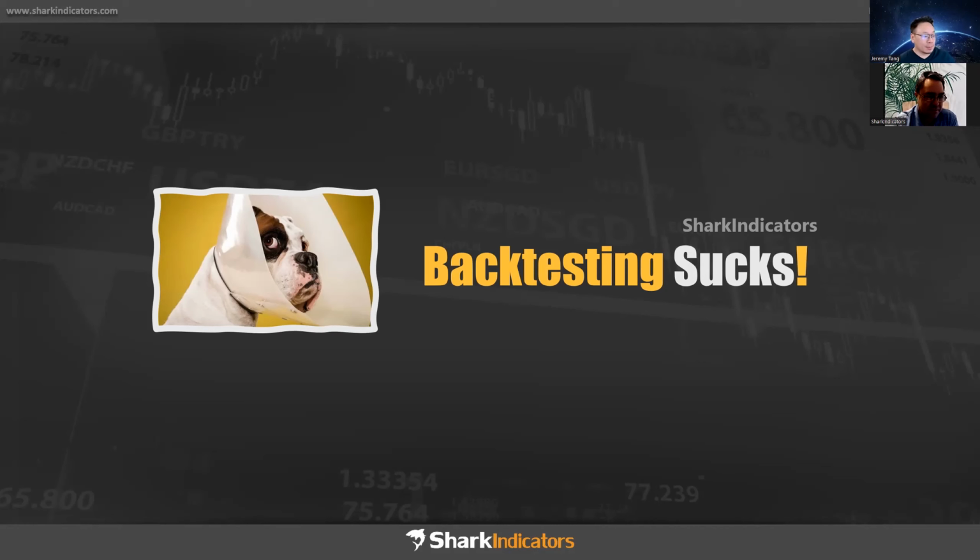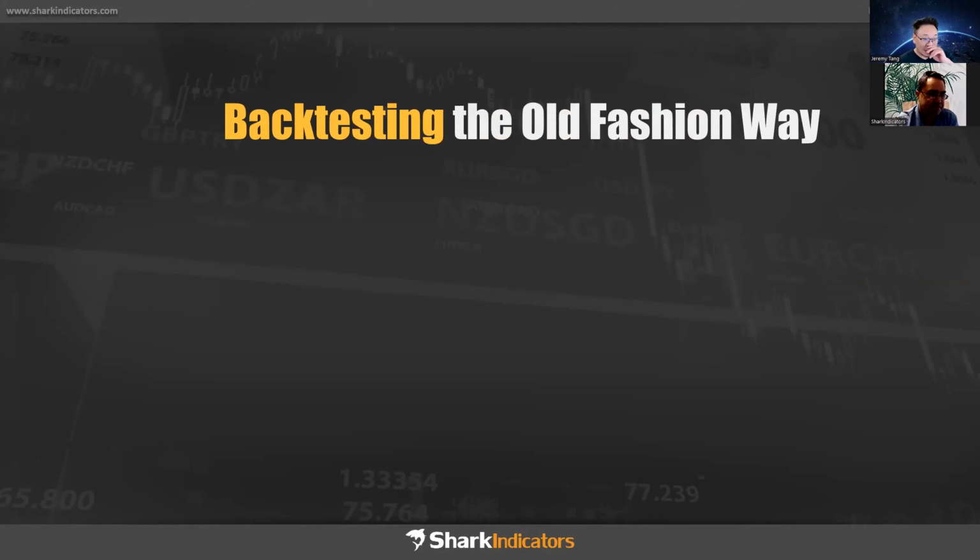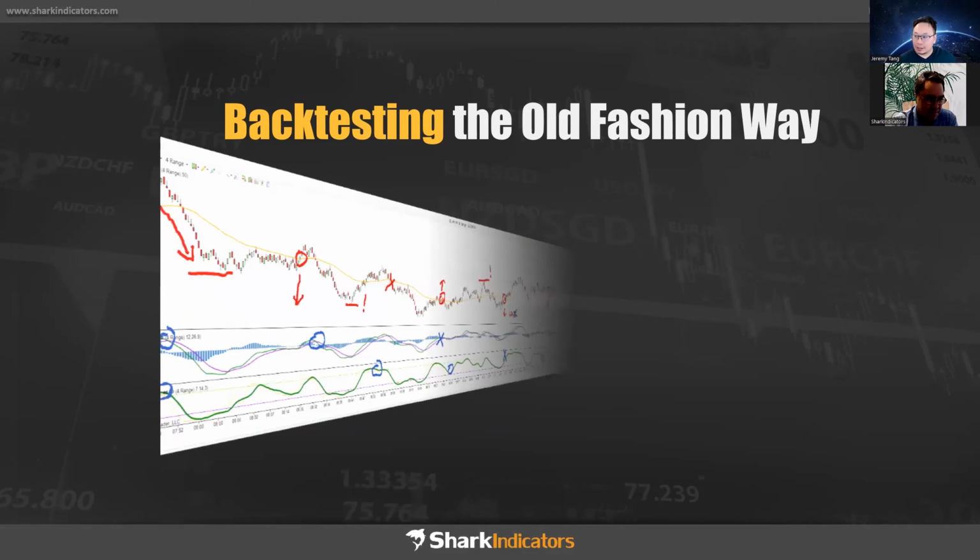Generally speaking, the average retail trader doesn't do backtesting because it's just so damn tedious. Let me get into that, because there's really only two ways to do it. The first way is the old-fashioned manual way, and that really entails taking up a chart, writing down your system rules on the side, and then marking your chart up and figuring out where the entry points are going to be.